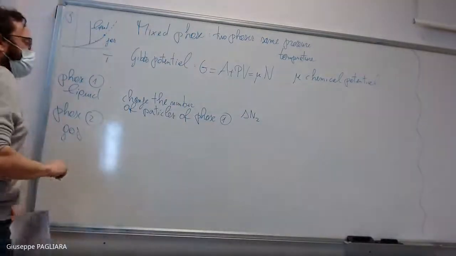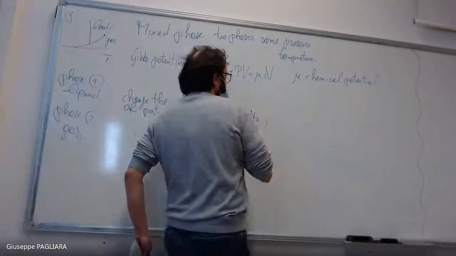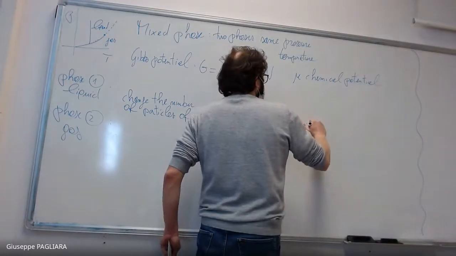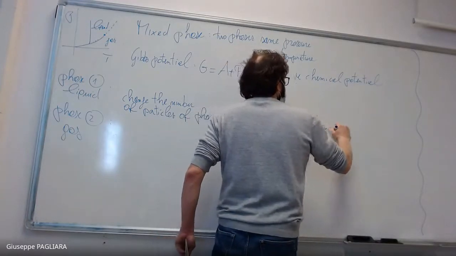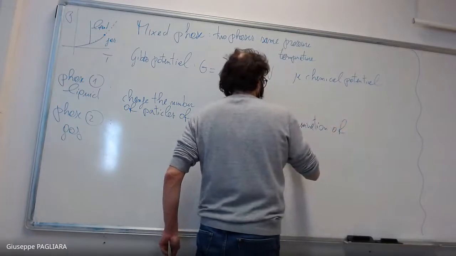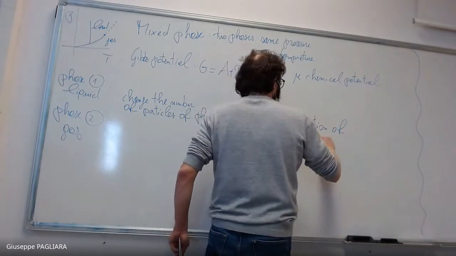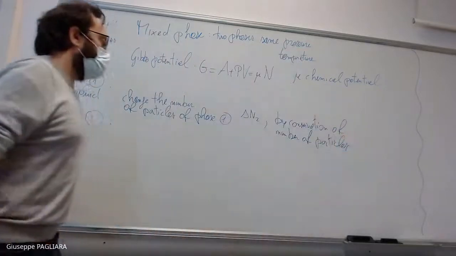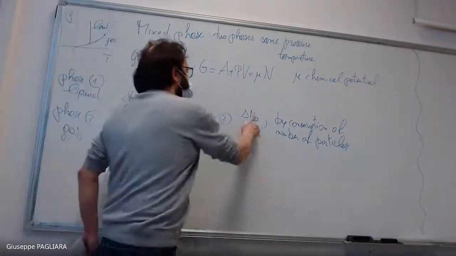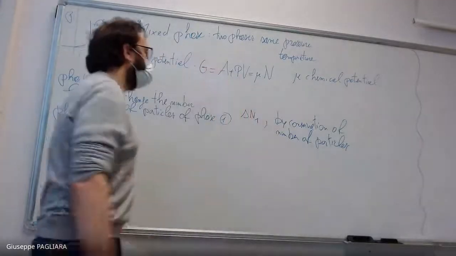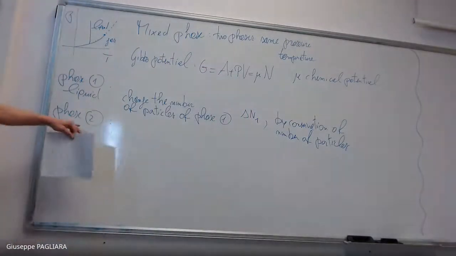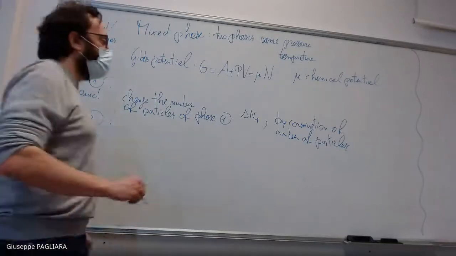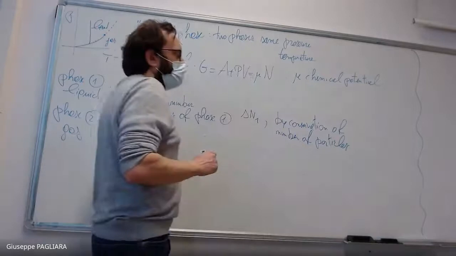Of course, by conservation of number of particles, you should have an amount of change of phase 2 which is such that delta N1 plus delta N2 is equal to 0.